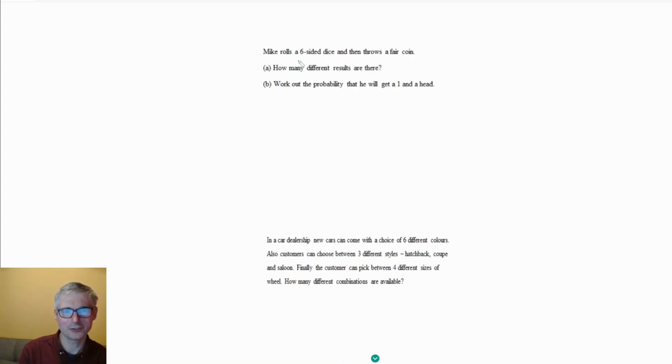For our next question we've got a 6-sided dice and a fair coin. We've got to say how many different results there are. For each number, 1, 2, 3, 4, 5, 6, we've got 2 choices, heads or tails, in every case.